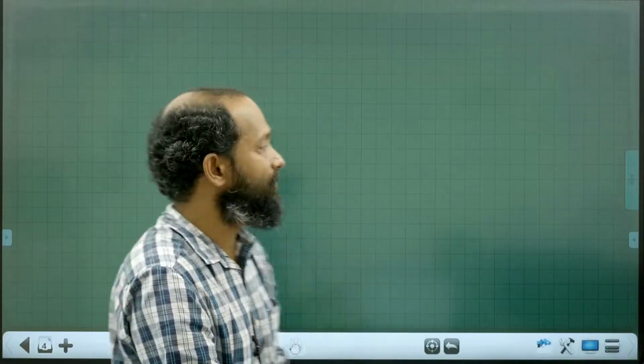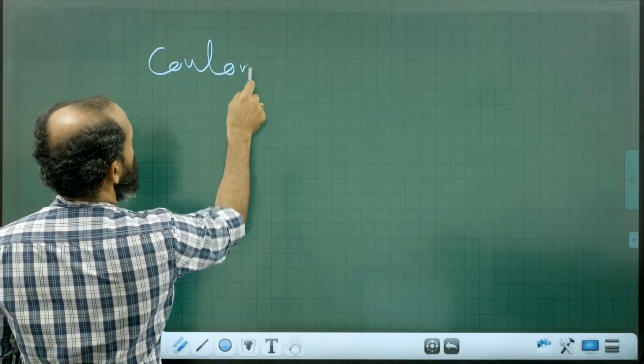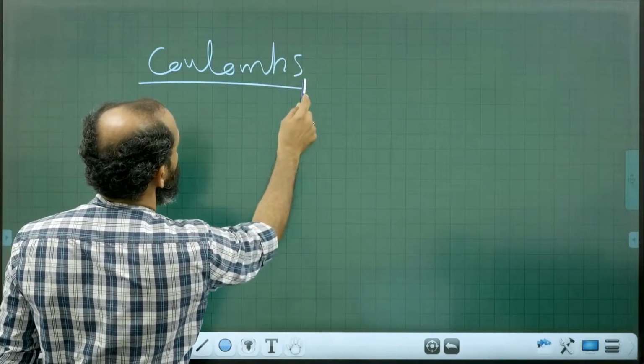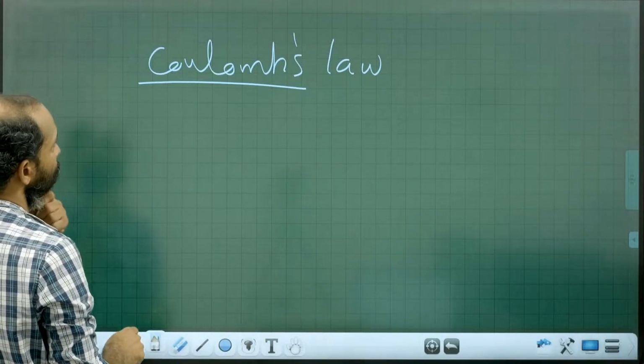Now we move on to the basic law of electrostatics, that is Coulomb's law. Coulomb's law applied for two point charges.